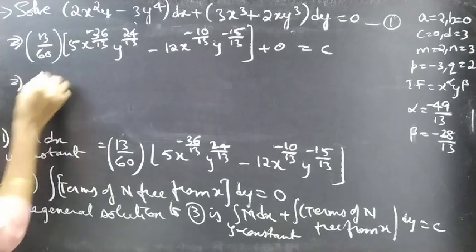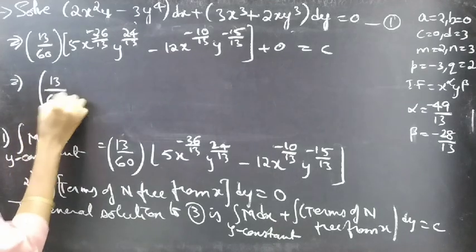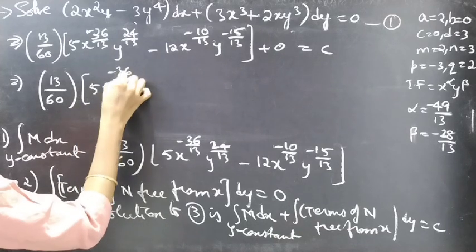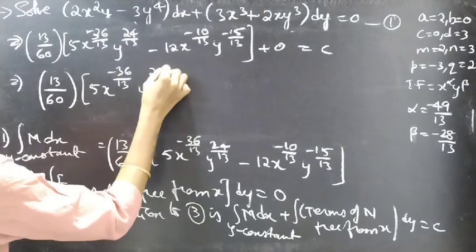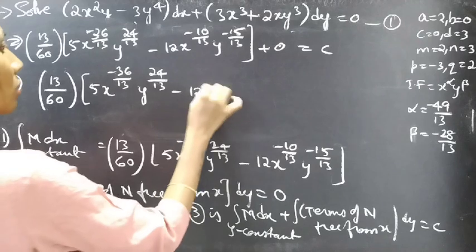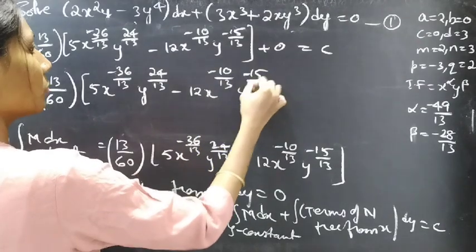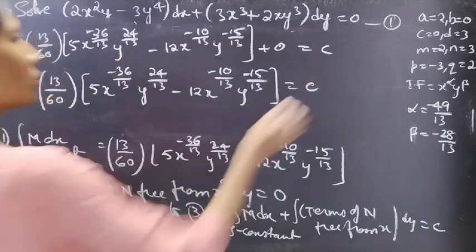Or we can write this as 13 by 60 into 5x power minus 36 by 13, y power 24 by 13, minus 12x power minus 10 by 13, y power minus 15 by 13, equal to c.